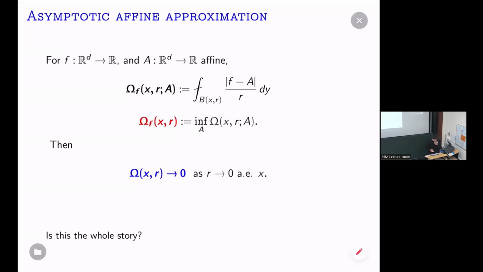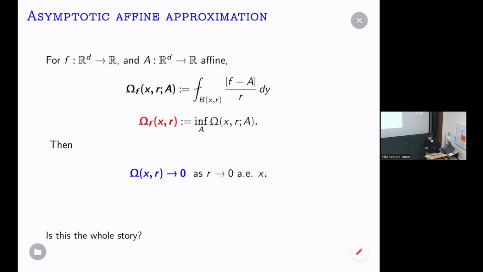And we define omega f to be the infimum of this quantity over all affine maps. So what this does is to check at each scale and location, how far is my function from being affine? And we've seen many times in this workshop the beta numbers, and these omega numbers are like functional versions of these beta numbers.